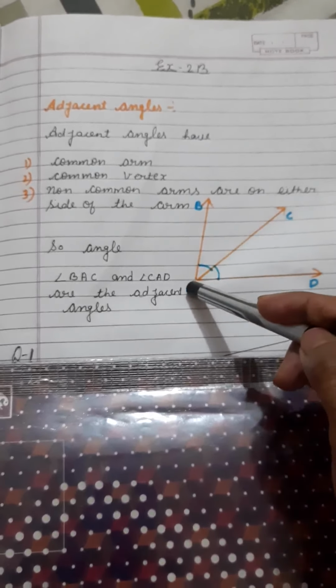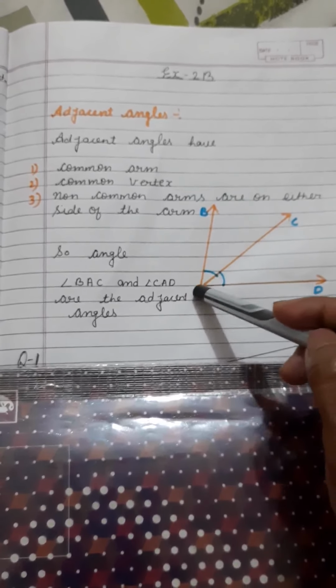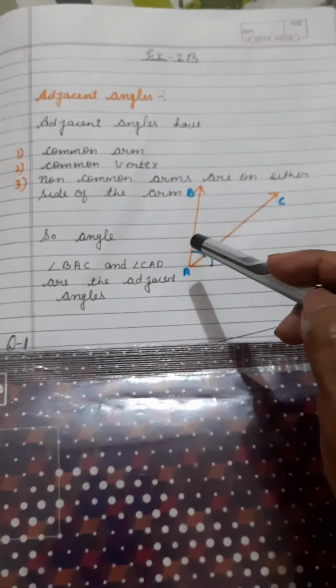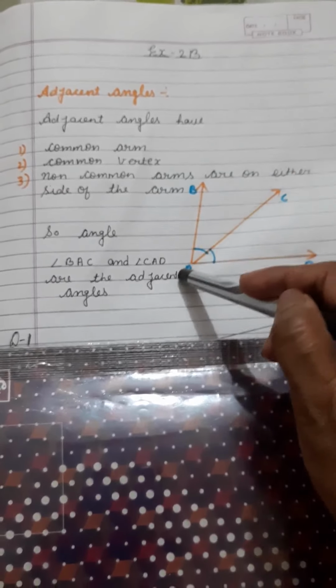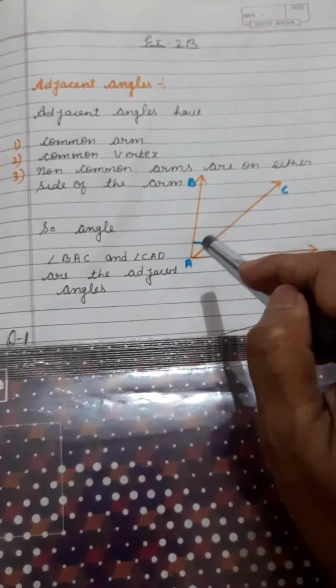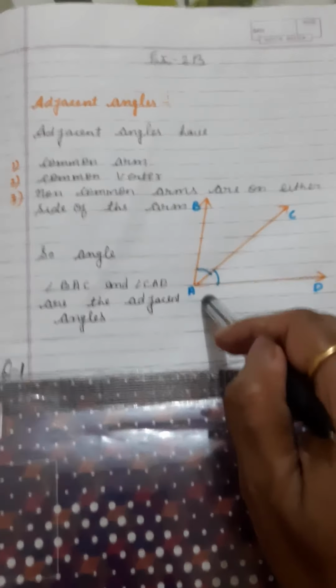So this is called the common arm, and here at the corner you see that this is the vertex. You know this vertex very well. So a common vertex is there, meaning all the lines are going from this point. So this is called the common point or vertex.